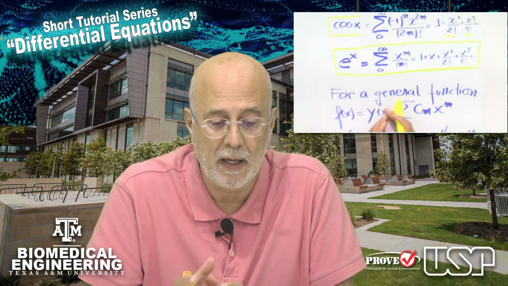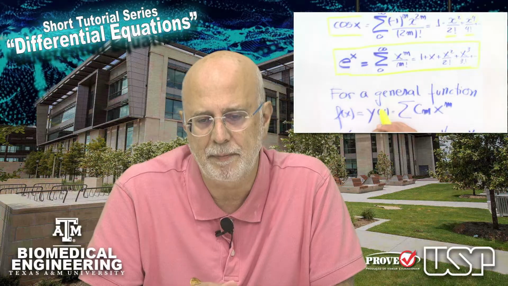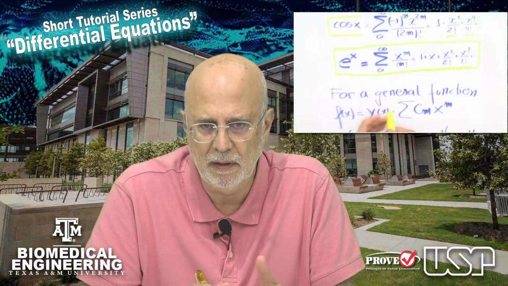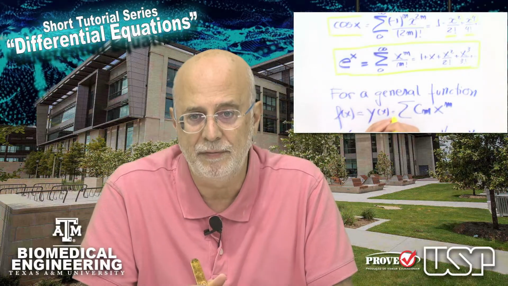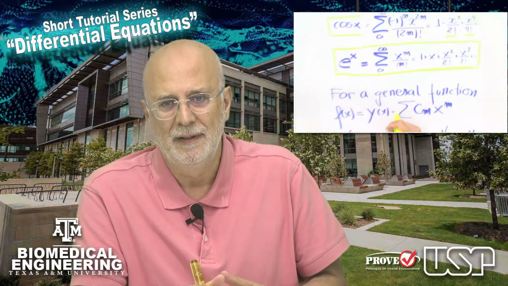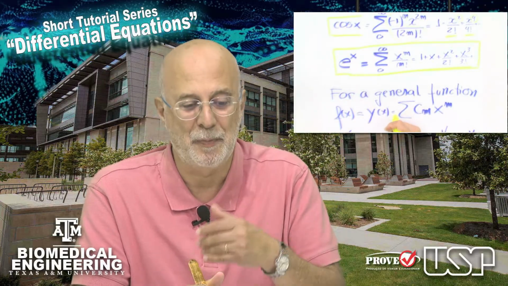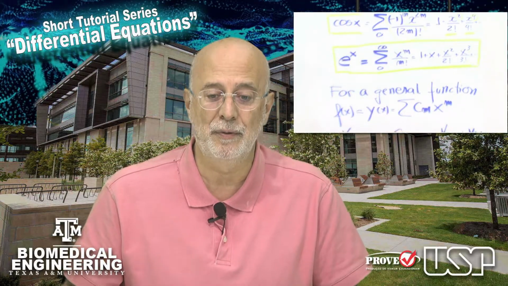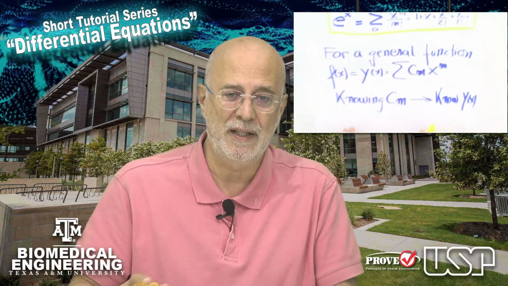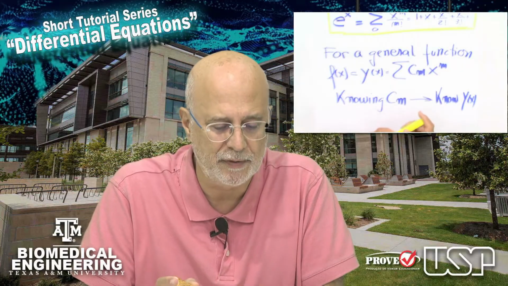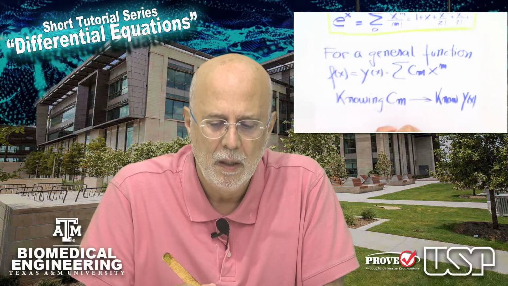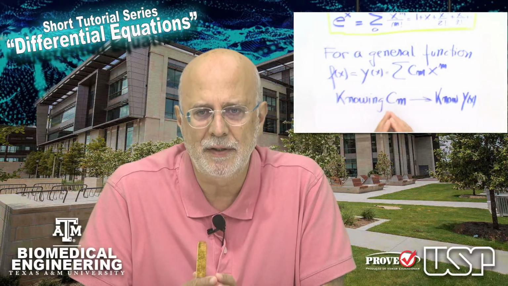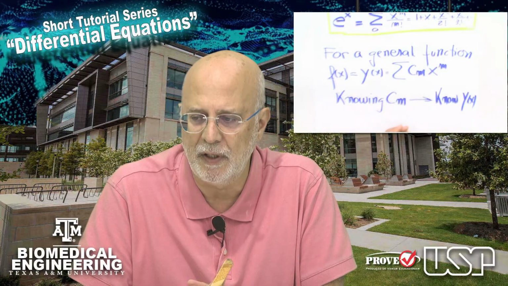Because we can even go further and express functions in terms of series of other functions, like cosine or exponential or anything else, as we're going to see in the next few lectures, when we're going to use the integral transformation to solve the differential equations.